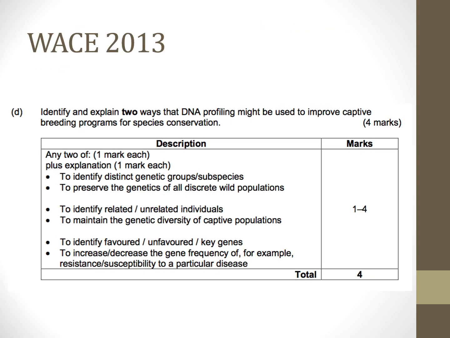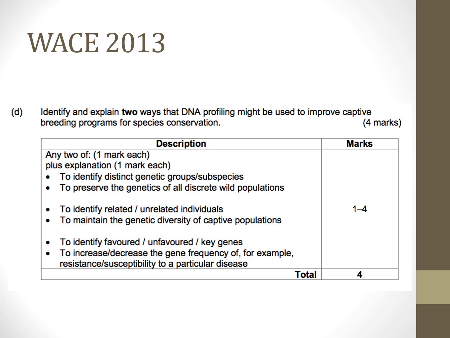One last thing, we've got WACE from 2013. How might we use DNA profiling to improve things like captive breeding programs? So by using our gel electrophoresis and DNA profiling, we're able to preserve the gene pool of our captive breeding organisms.